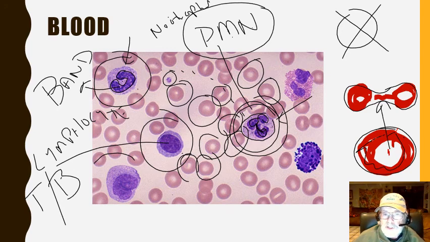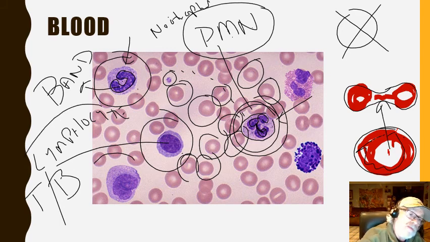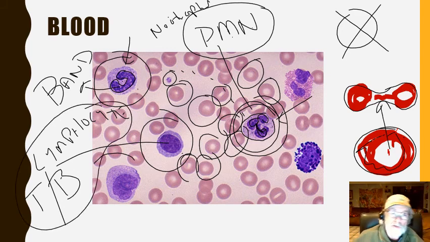Both are involved in immune function. I can tell a lymphocyte because I have very little cytoplasm, which is the lighter purple, and a very large nucleus. With a very large nucleus, little cytoplasm, and about the same size as a red blood cell, it's called a lymphocyte.